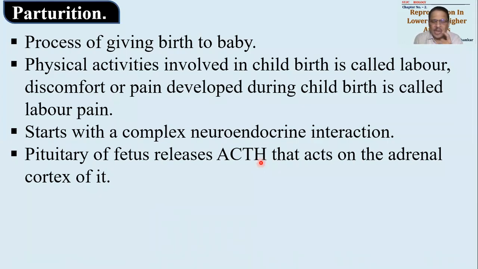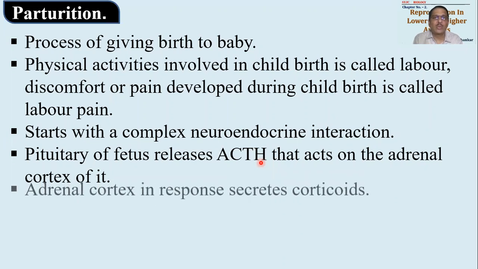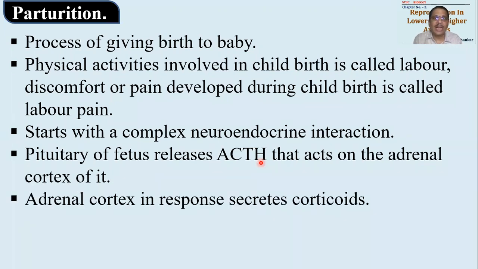So this hormone, adrenocorticotropic hormone, is responsible for affecting the adrenal cortex. Adrenal gland का जो बाहर वाला पार्ट है उसके ऊपर ये हार्मोन एक्ट करेगा. That's how the adrenal cortex, in response to this hormone ACTH, will start producing corticoids. Okay, corticoid hormones are important, and these hormones are essential.